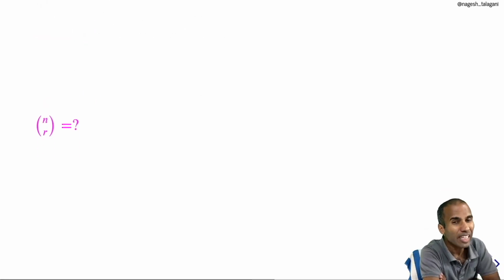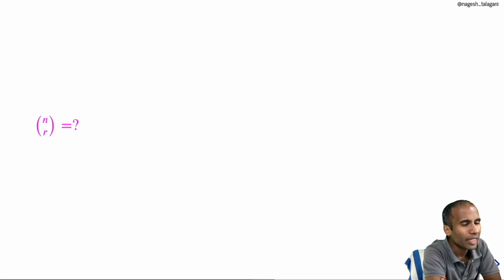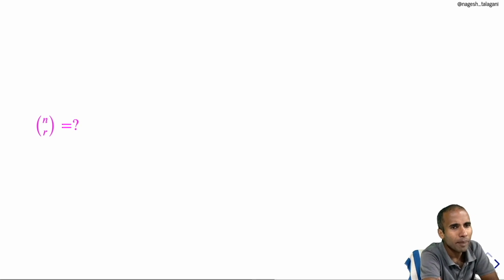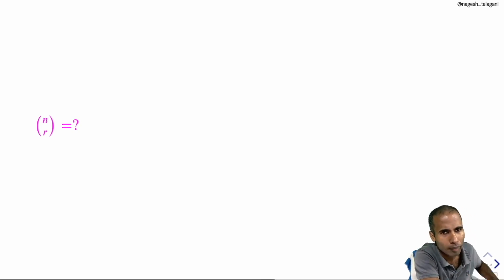Now, what about n choose r? Can we have a nice formula so that we don't have to list every time to count r-combinations?